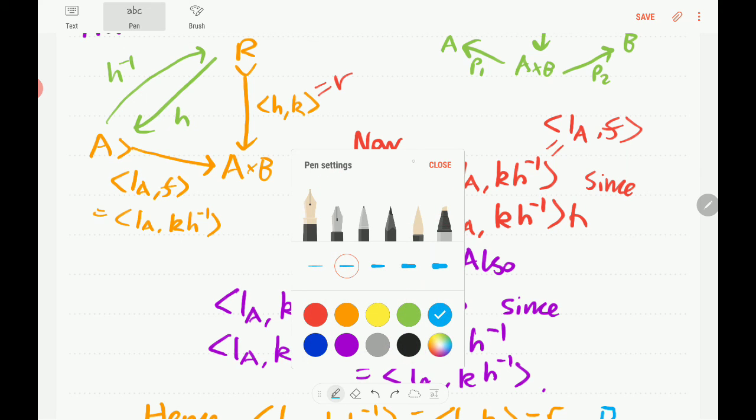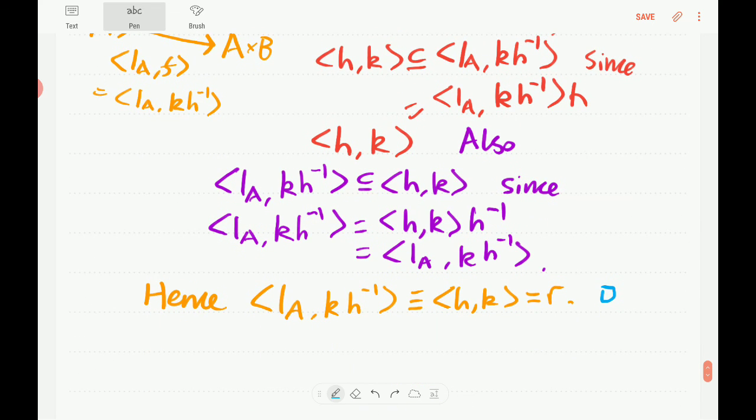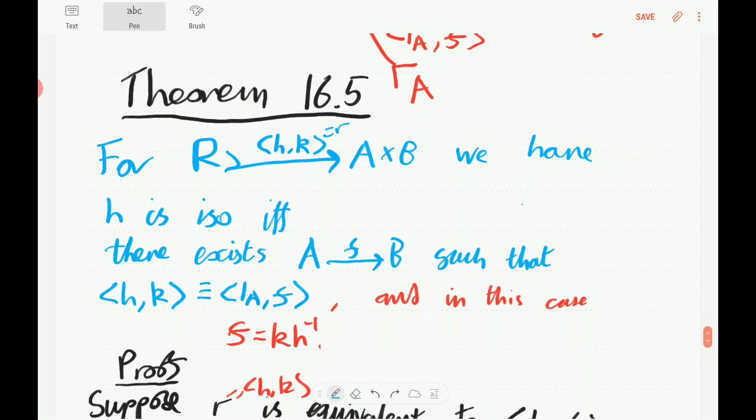And therefore we have that r is equivalent to the graph of f, where f is k after h to the minus 1, which is indeed just what we wanted to prove. So we're done. We've shown that in the case where h is an isomorphism, we have that r is equivalent to the graph of f, where f is k after h to the minus 1.